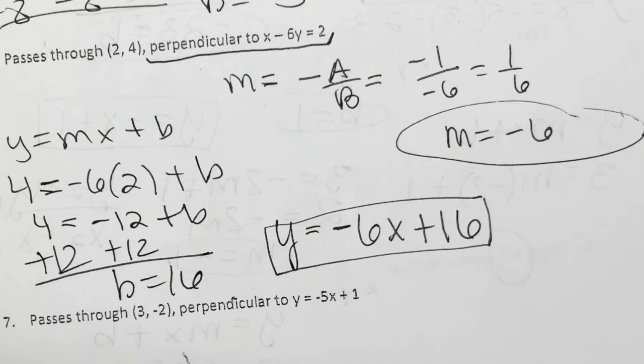Your y-intercept, you can leave as a fraction, or you can put it as a decimal, as long as your slope is not a decimal.